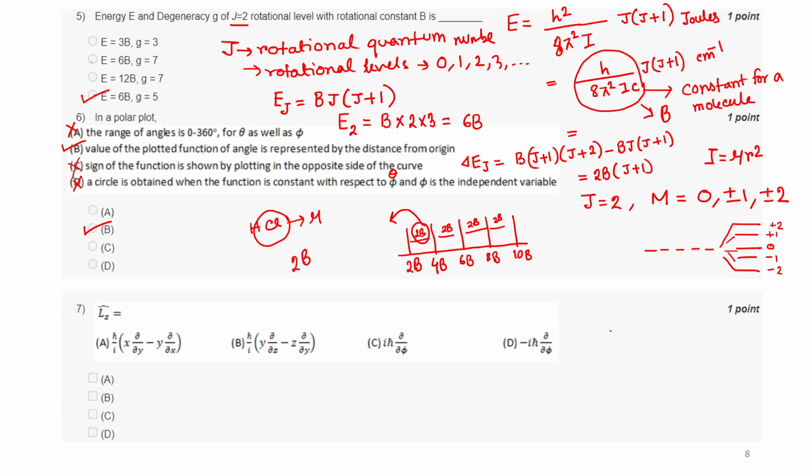For Lz, what I prefer is this determinant, from this i, j, k first of all, and then x, y, z, then Px, Py, Pz.